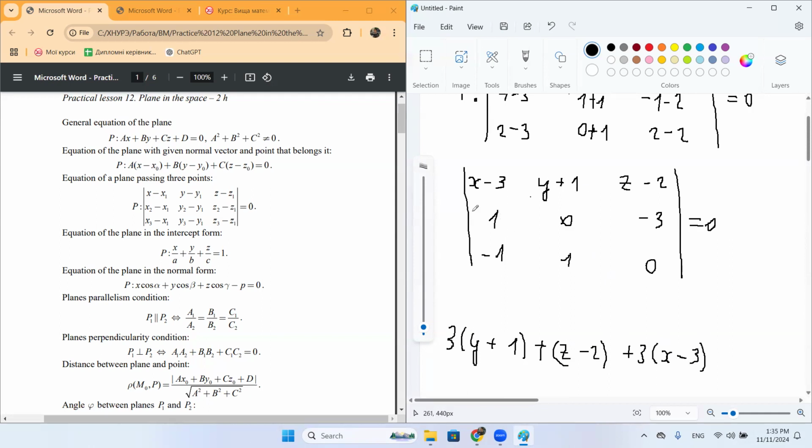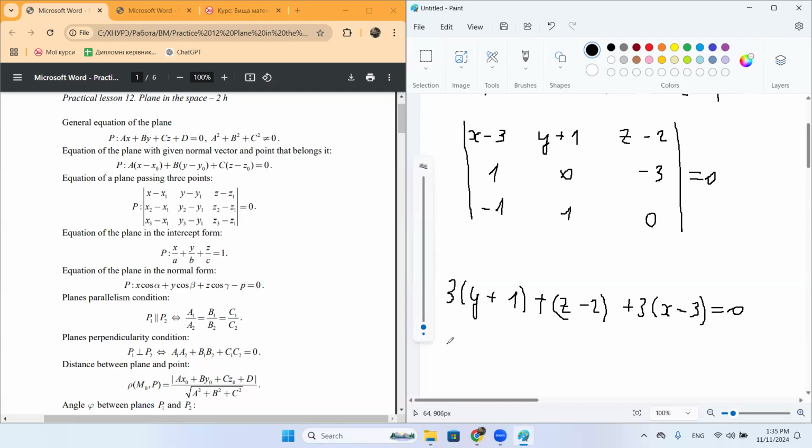And for y, 0 here. It equals also 0. So 3x minus 9 plus 3y plus 3 plus z minus 2 equals 0.